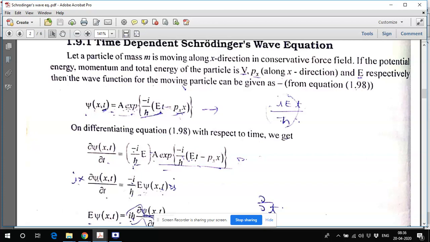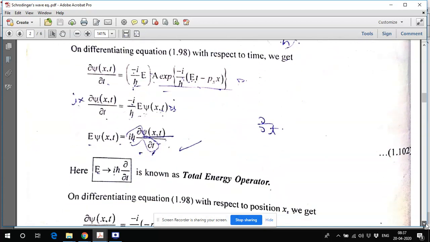Since this is exponential, the whole quantity comes out, and minus i E upon h cross comes ahead of psi. The exponential form I can represent as psi, because this was my psi. The only additional thing is minus i upon h cross into E.